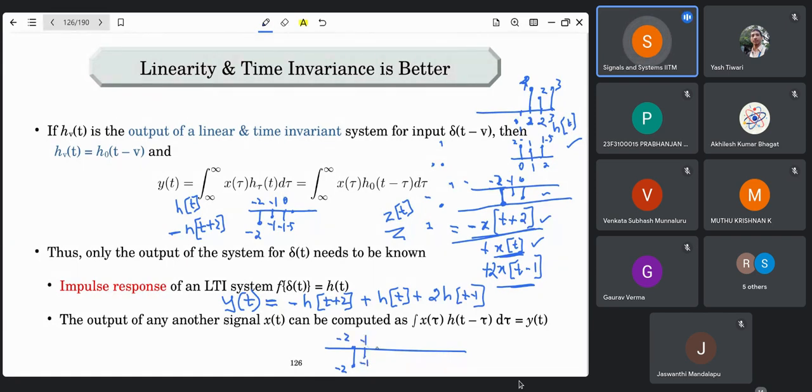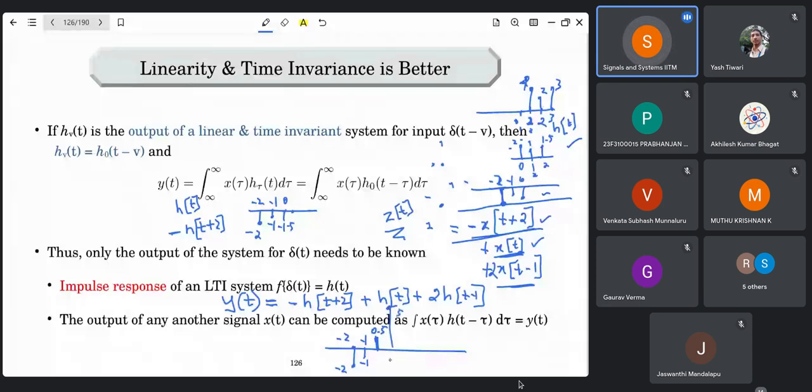And at 0, how do you compute the value at 0? It is the sum of all these impulses. So there is a 2 here. You have to add that with a -1.5 here. So at 0, what you will have here is 0.5. And at 1, once again find the sum. So here there is a 1, and there is another 1 here, so 4 plus 1, 5.